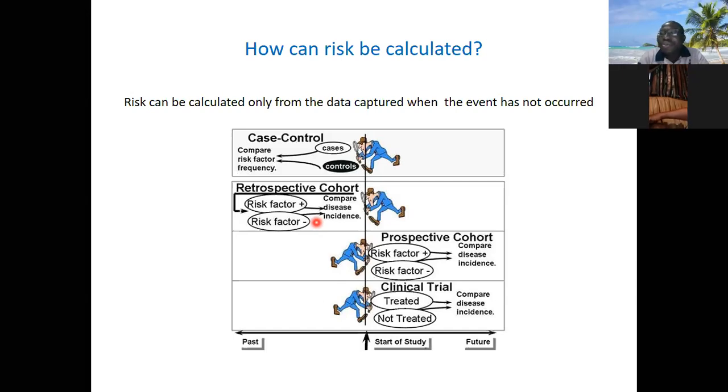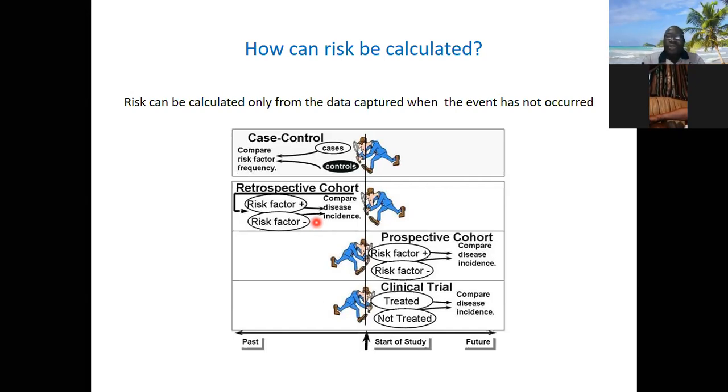While in the case of case control and cross-sectional study, you cannot calculate risk, so you calculate odds. The issue there is that in cross-sectional study and case control study, you can only calculate odds.